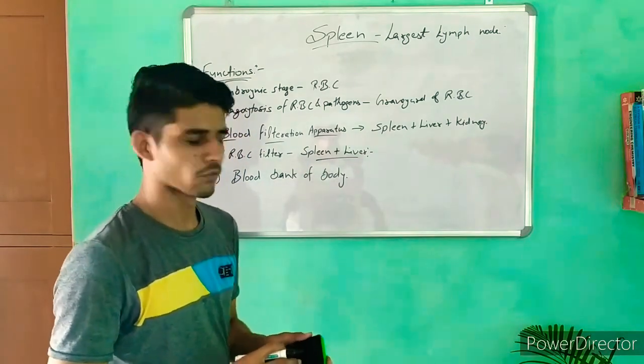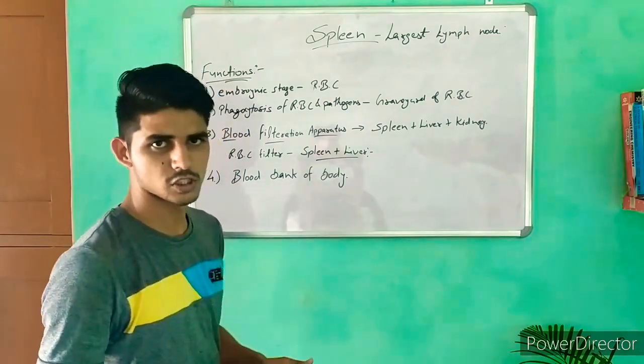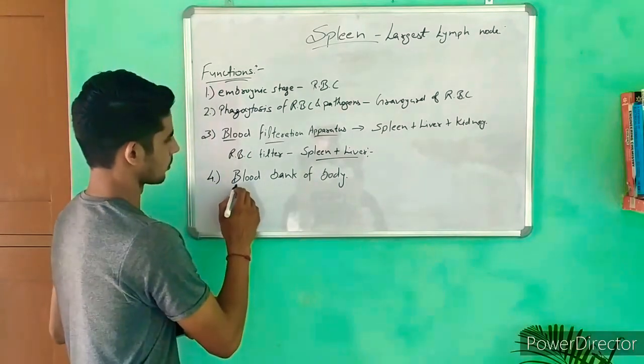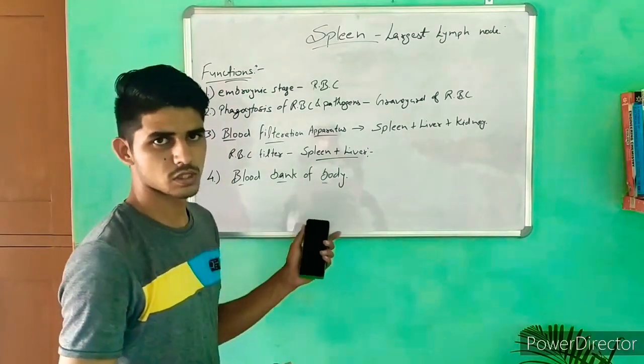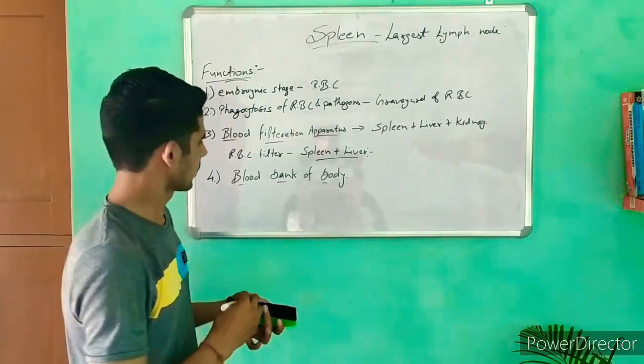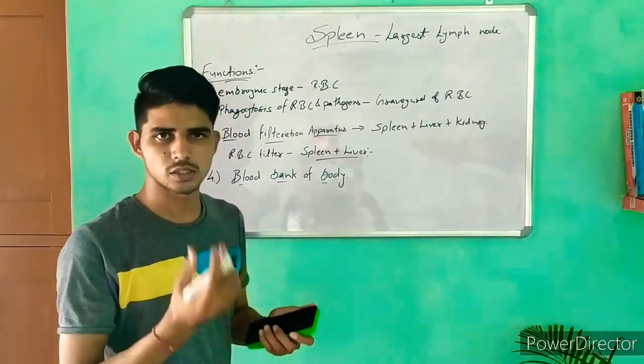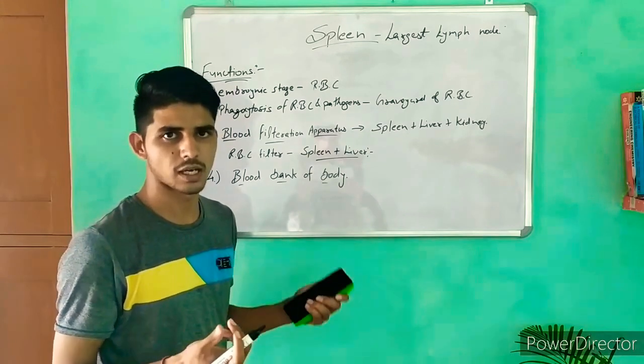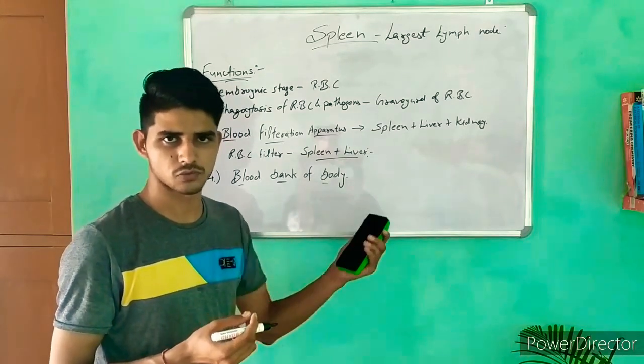And the fourth and the main function of the spleen is as a blood bank of the body. This is also discussed in the last video. It provides blood during emergencies like accidents, when excessive blood is lost from the body.